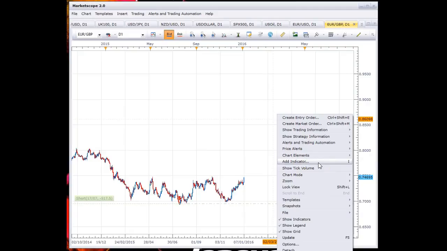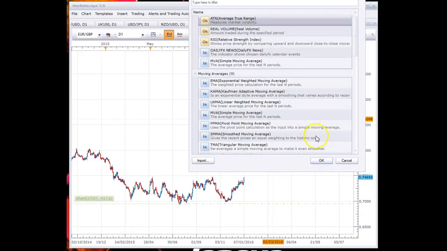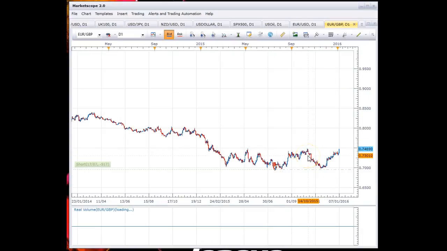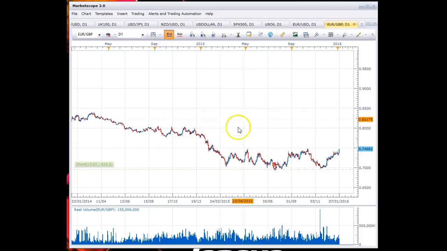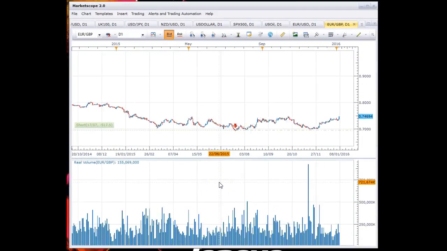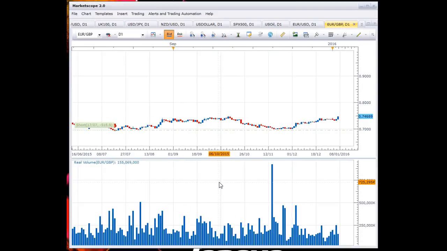Now, in terms of indicators, I'm going to add the real volume. And just to show you again what the retail volume is from the FXCM side, I always stress that it's the FXCM because it's not sort of central volume like in stocks, so it's limited to this particular area of the market.